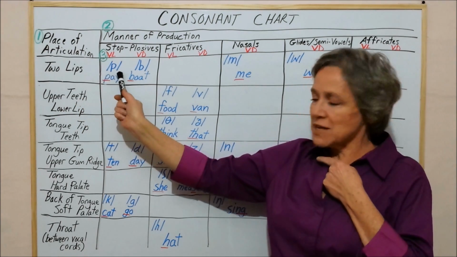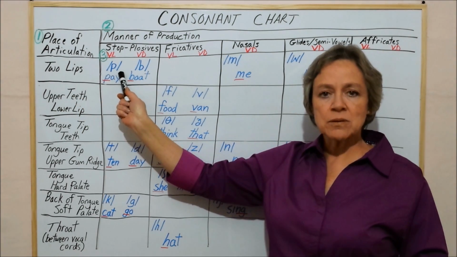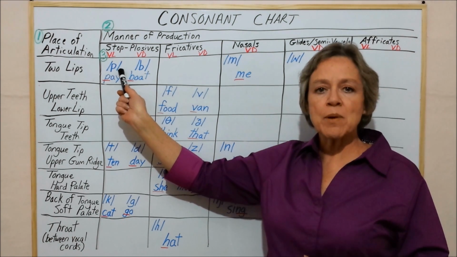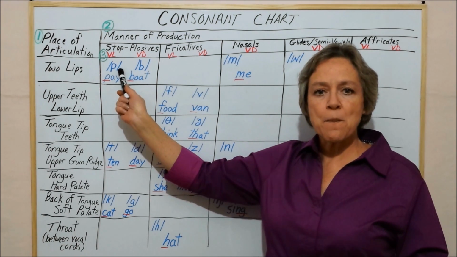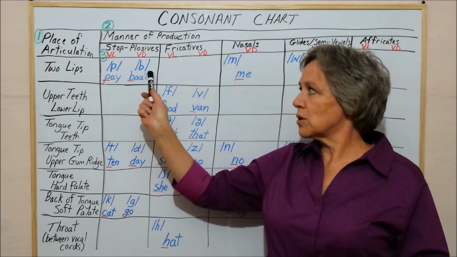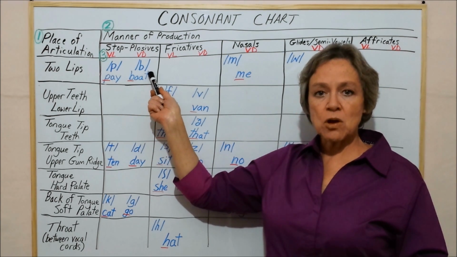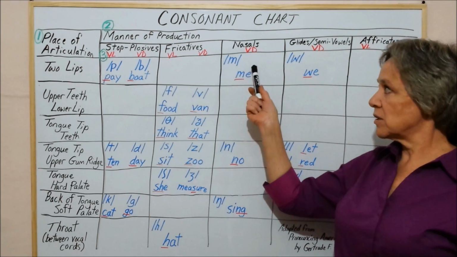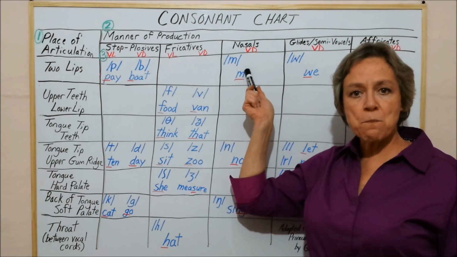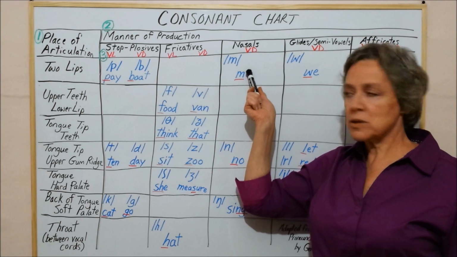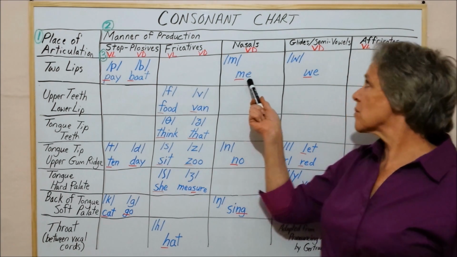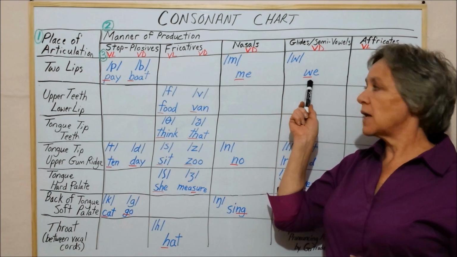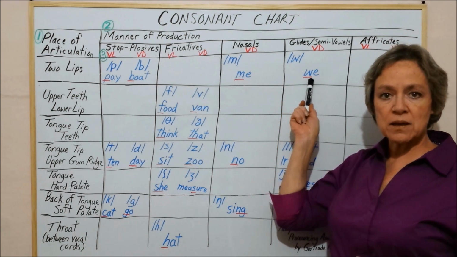So some examples, the sound P. Okay, notice I close my lips and then I open them. P. P. B also uses the 2 lips. And if we go across, we also have M. M as in me. And we have W as in we.